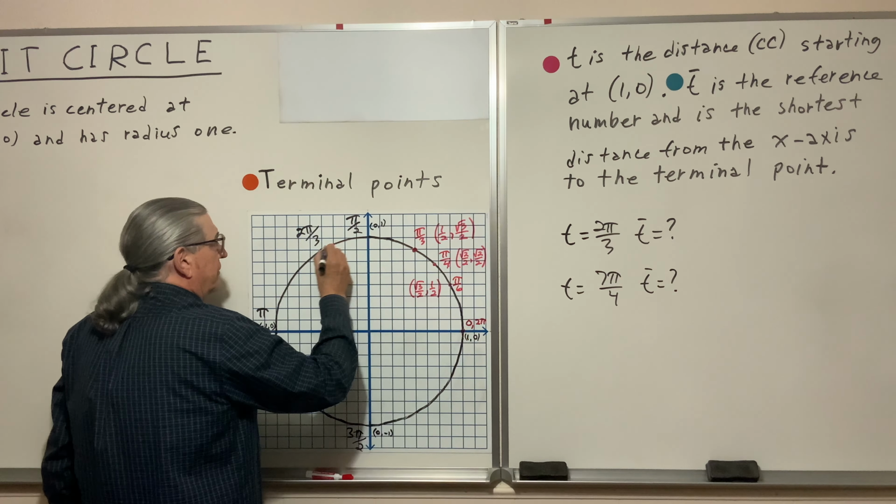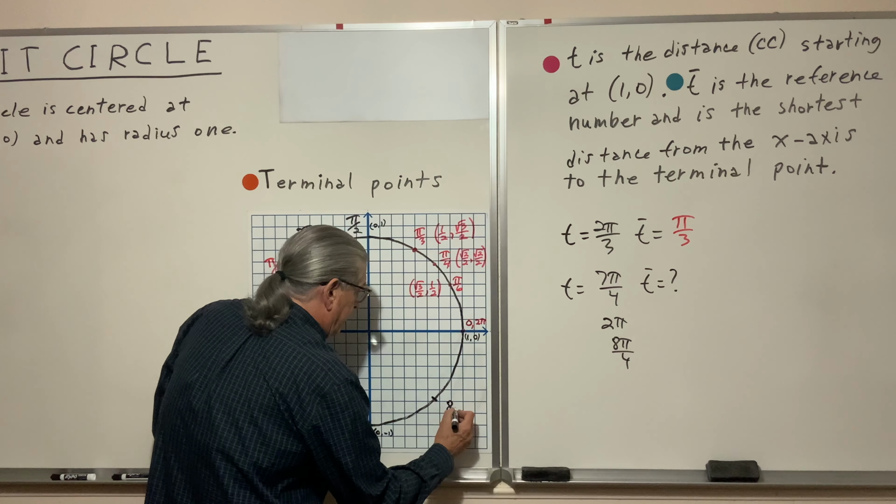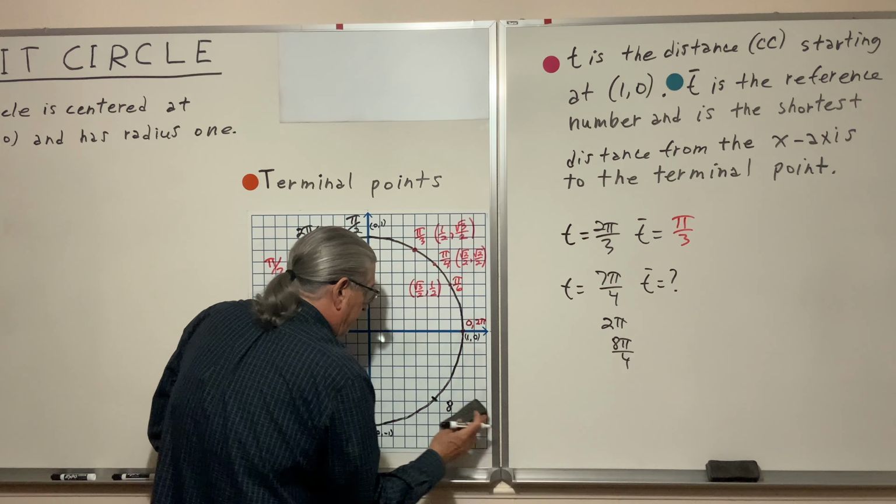Let's take a look at another one. Say 7 pi over 4. Well, 2 pi is one full circle, which is 8 pi over 4. So we're just pi over 4 short of being all the way around, somewhere about here.